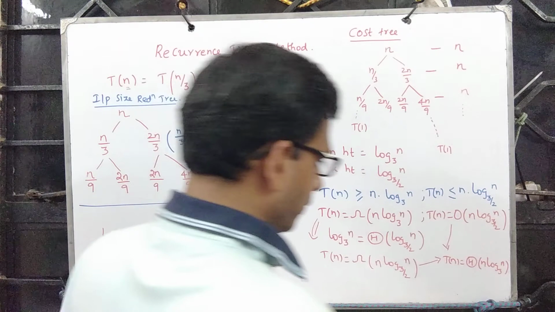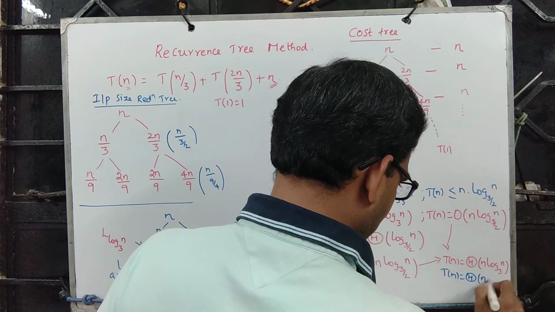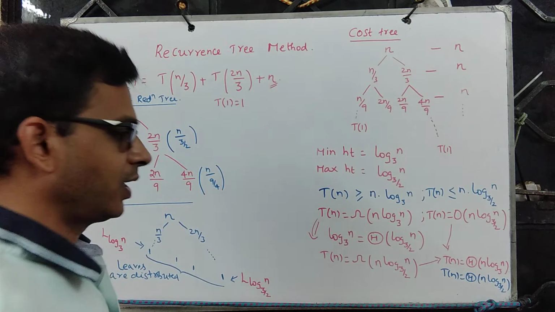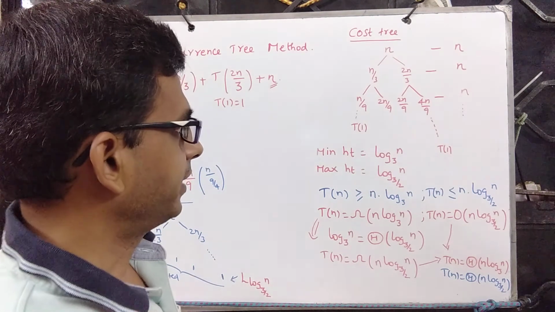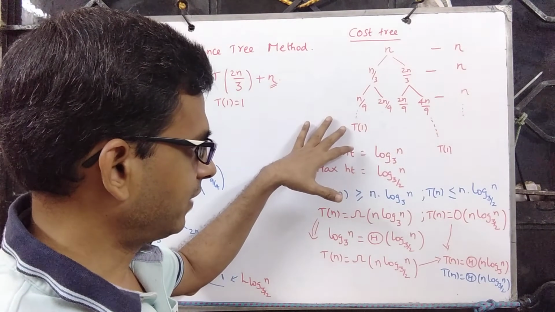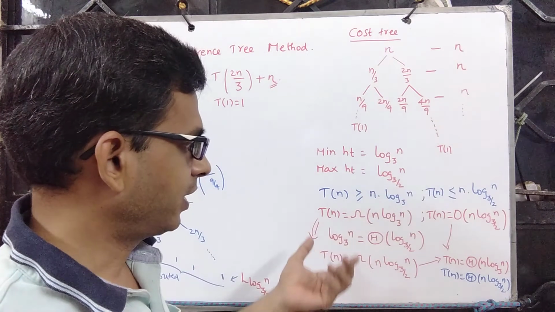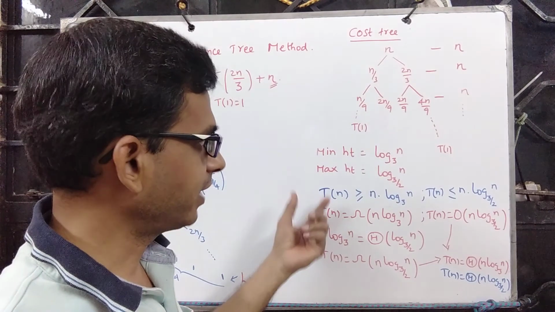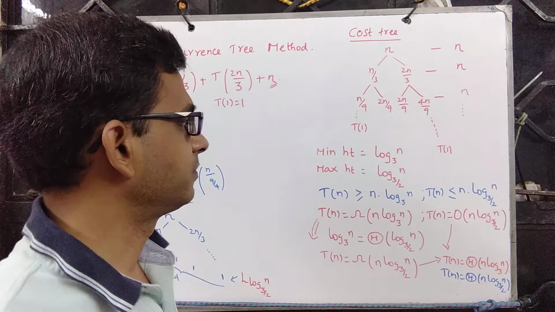One can also conclude it is theta of n into log n base 3 by 2. So although it looks like the nodes are distributed, the leaves are scattered between log n base 3 to log n base 3 by 2, the asymptotic notation helps us to combine these two and get a tight bound for this.